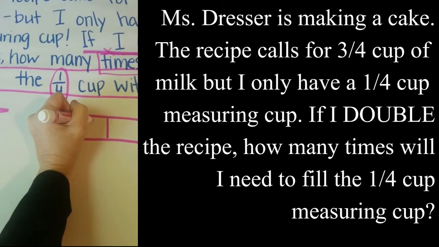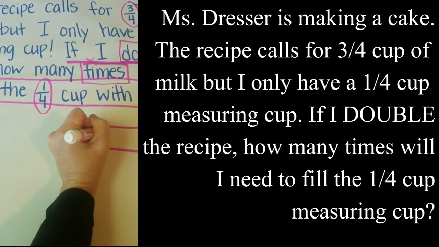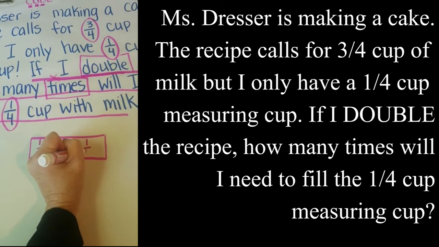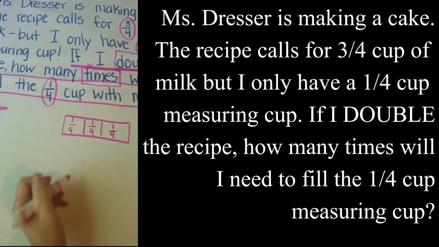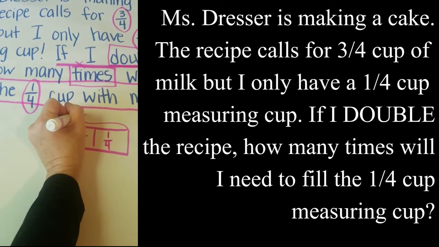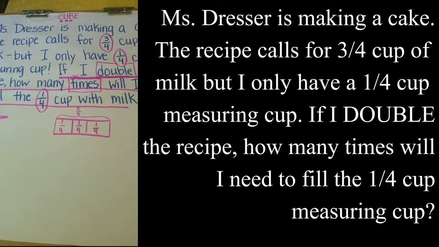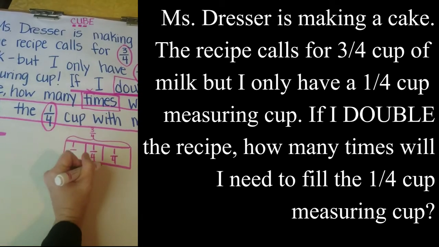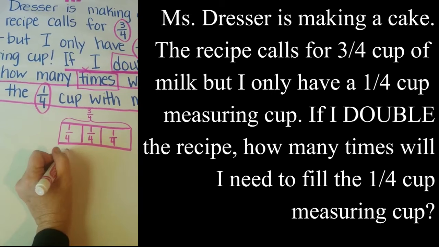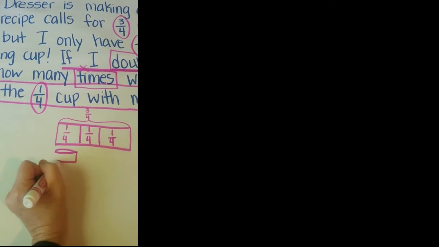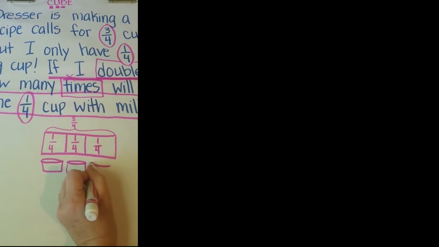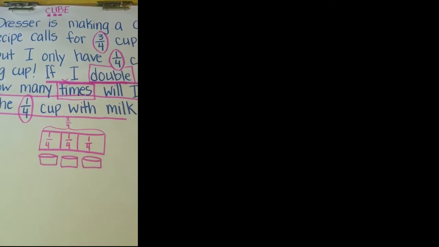This is 1/4. This is 2/4. And this is 3/4. So all together, this is 3/4 cups of milk, which means to make that one whole cake, I would have to fill my measuring cup 1 time, 2 times, 3 times.